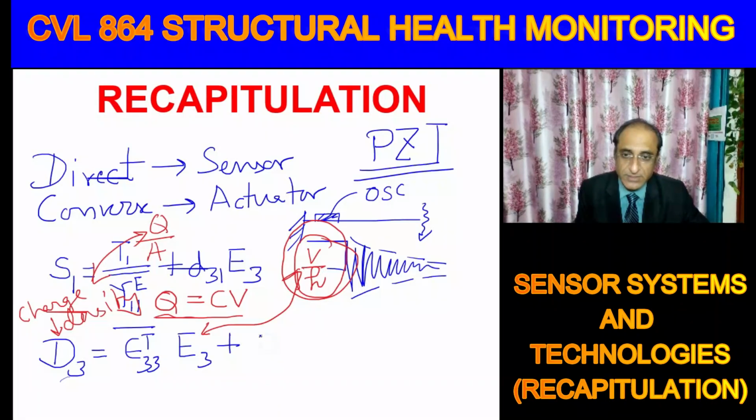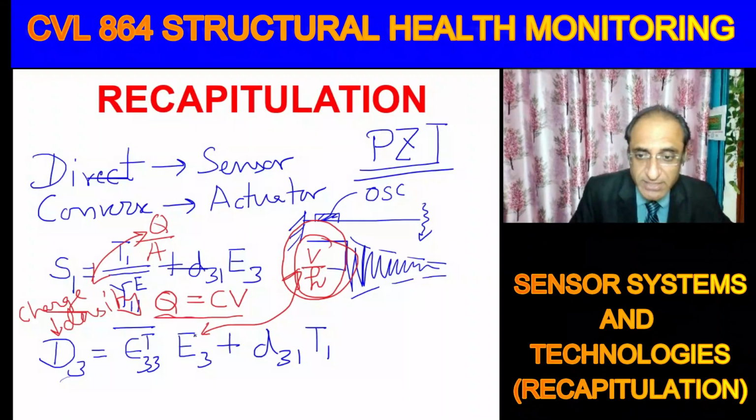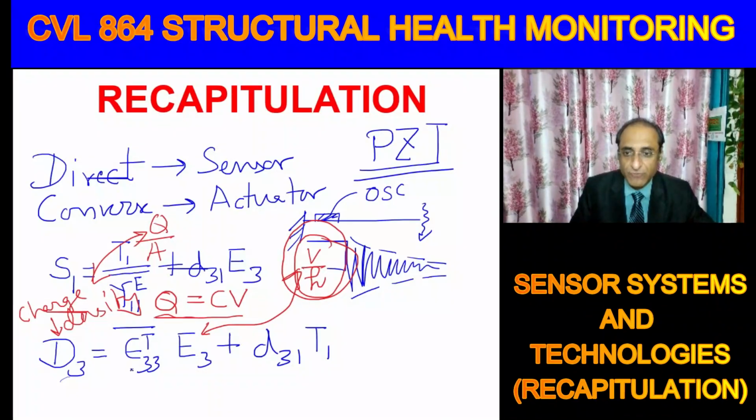So D31 comes again here into the stress. So now you see in both the equations we have D31 coming into the picture. In one case D31 is connecting electric field with strain, and in the other case it's connecting charge density with the stress. So if we are using it as a pure sensor, then we will not have this term.